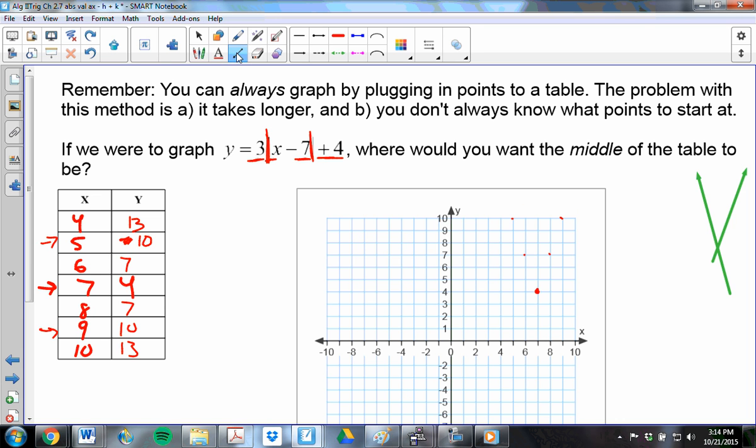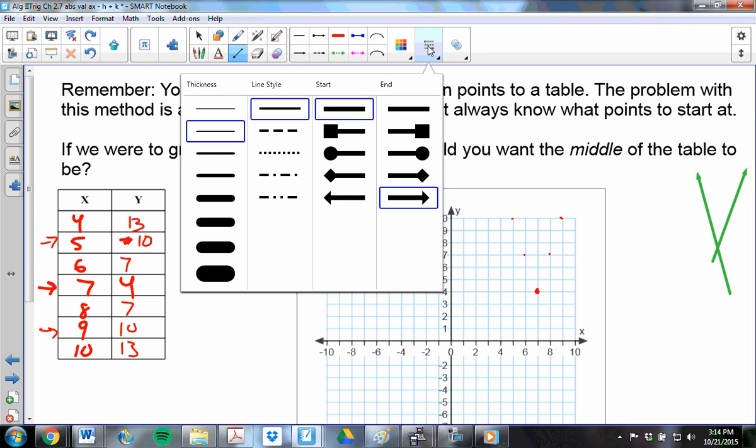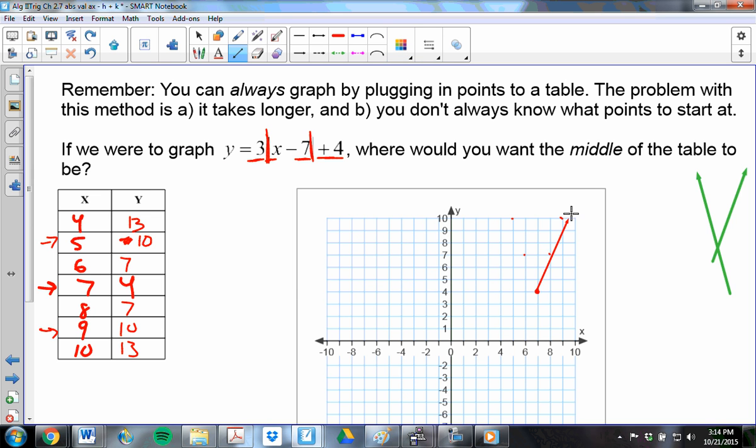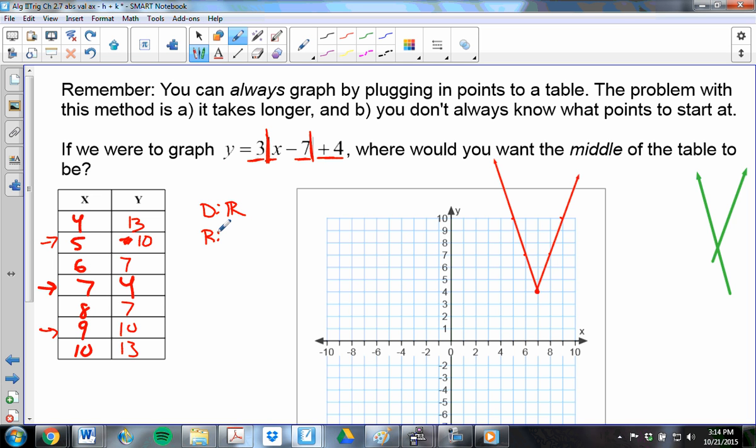And here's the graph. I know it's already graphed over there, but I went with red this time, so I'll stick with red. There it is. This has a domain of all real numbers. All of these will have a domain of all real numbers. And the range is going from 4 up.